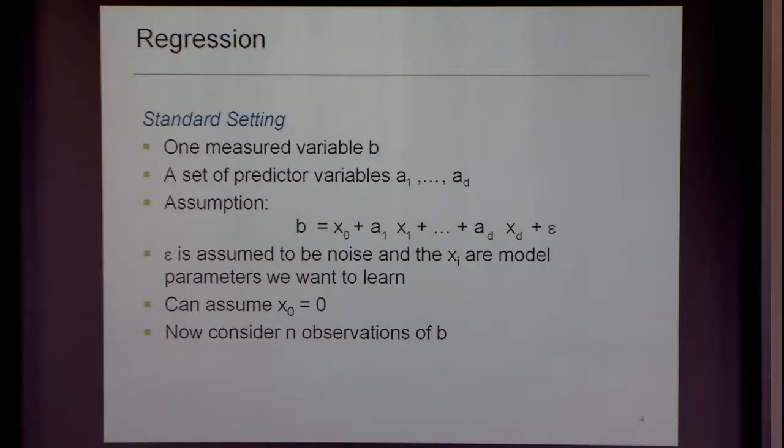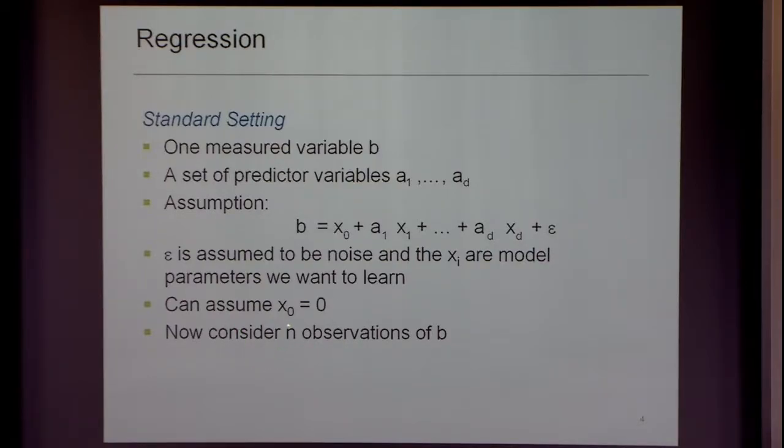So b is equal to x0 plus A1 x1 plus dot dot dot Ad xd plus some epsilon, where epsilon is assumed to be noise, and the xi are model parameters that we're trying to learn. They're the coefficients of the hyperplane that causes these variables to be linearly related.